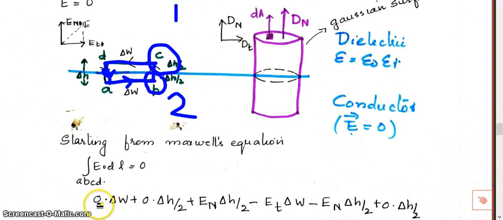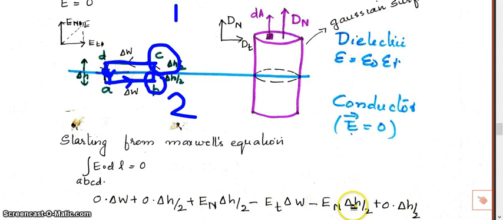So in short I can write 0 into del w. This first term is the total electric field across AB, plus 0 into del h by 2. This term is the lower portion of BC, that is the portion of BC which lies in the second medium, plus En into del h by 2, that is the portion of BC which lies in the first medium, minus Et into del w, which is CD lying in the first medium.